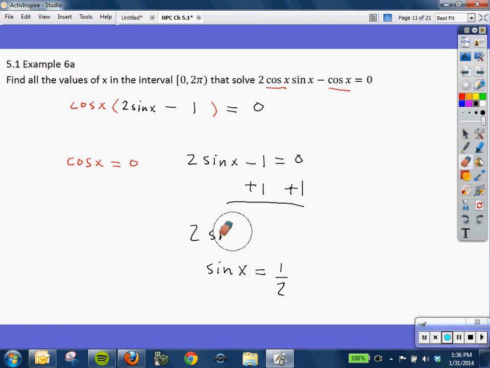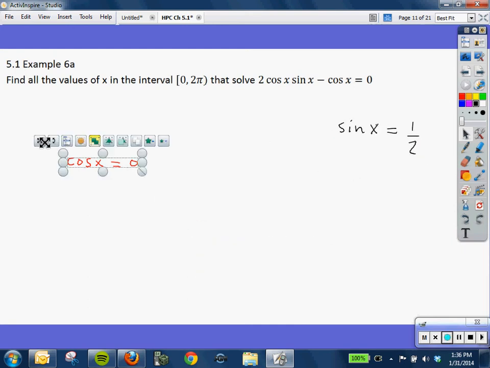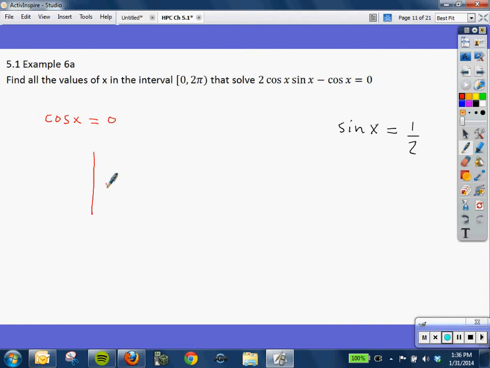So I'm going to go ahead and erase this work here and pull this one up here, this one over here. And right now we're trying to figure out the angles that will give these ratios. So let's focus on one at a time. First one we're going to look at is the cosine of x equals 0.